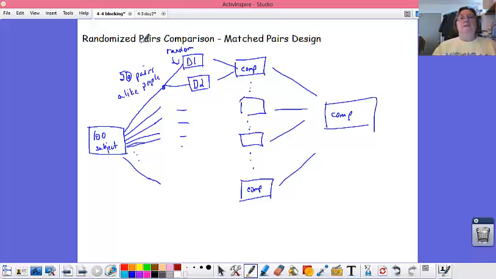The randomized pair comparison only works, folks, if the groups, or the pairs that you pick, are homogeneous, that you want them to be alike, because what you're trying to do with your blocking, with your pairing, is reduce variation within your group. Okay, you want them to react, or you choose them so that you think they'll react as alike as possible.